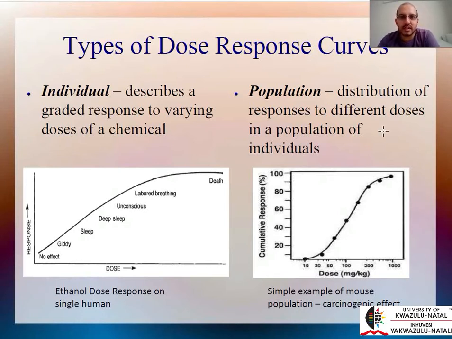Okay, so just out of interest, a lot of toxicology and toxicity studies are conducted on small mammals, and that includes mice and rabbits as well. In terms of the measurement, they conduct various studies by exposing a population of mice or a population of rabbits to a certain chemical, and they note the response of each individual in that population to that particular chemical.